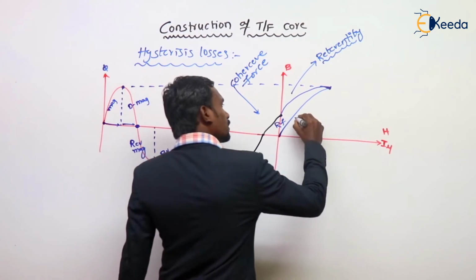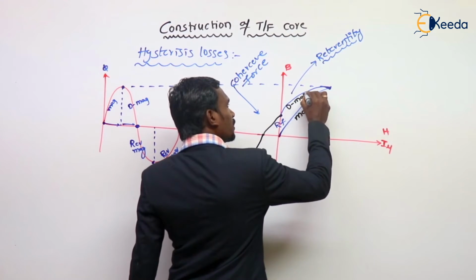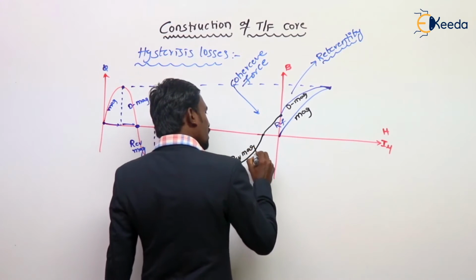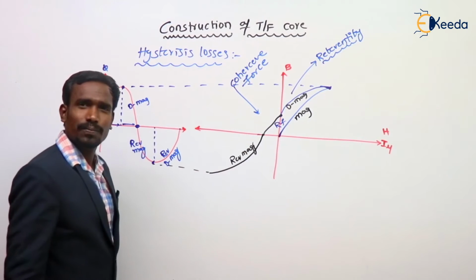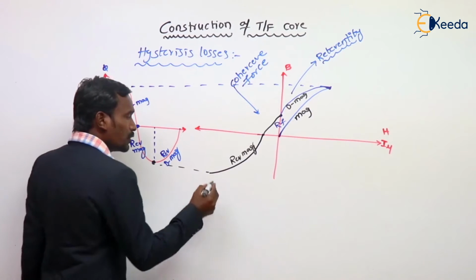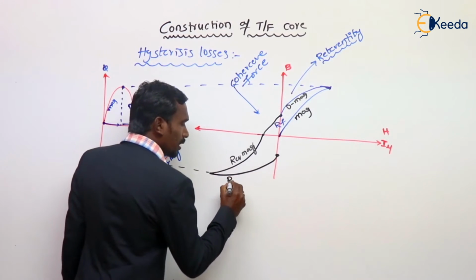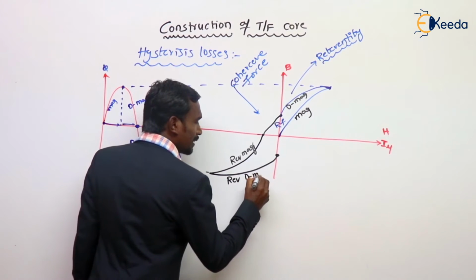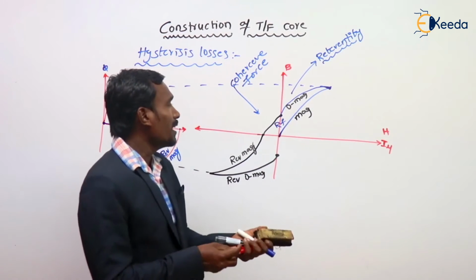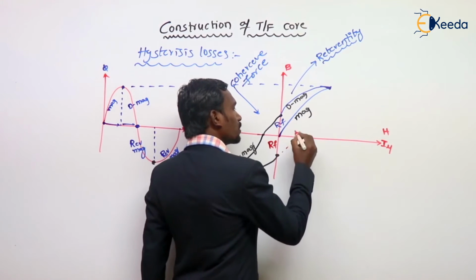This is magnetization, this is demagnetization, and this is reverse magnetization. Then again reverse demagnetization. During the reverse demagnetization, again the same phenomenon: due to residual flux, it does not go to zero.